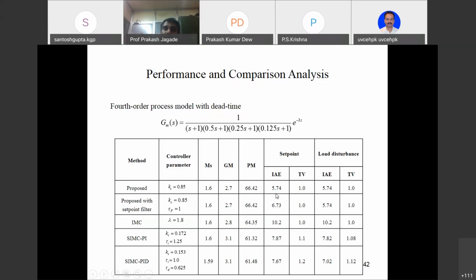For our control scheme, the IAE value is 5.74, whereas for other control schemes it is 6.70, 10.2, 7.87, and 7.67. So with the help of our proposed control scheme, we were able to get a lower value of IAE.